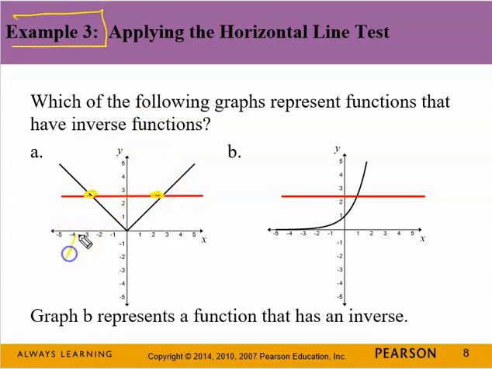So this would not have an inverse. While this nice little curve here, as the red line comes down, it's only intersecting at one part. So this B would have an inverse. Okay, something easy.